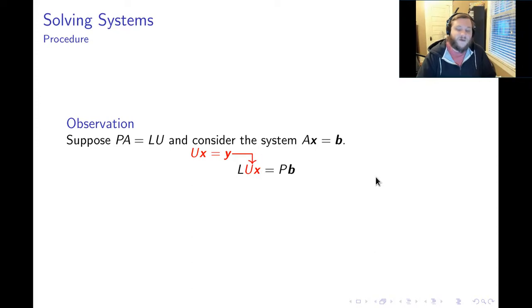And so here's what people do. They introduce a change of variables. They say, let's set U times X equal to Y, and then let's break this system into two different parts.